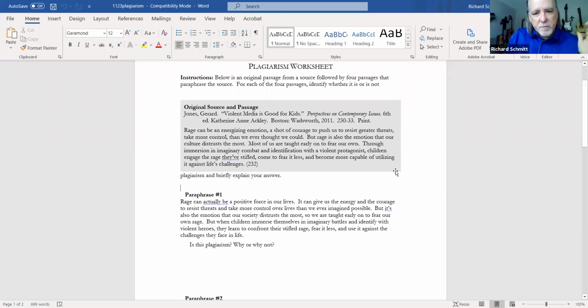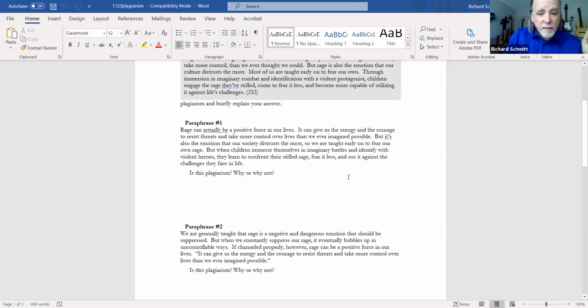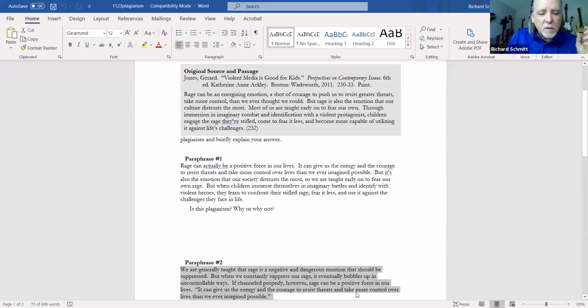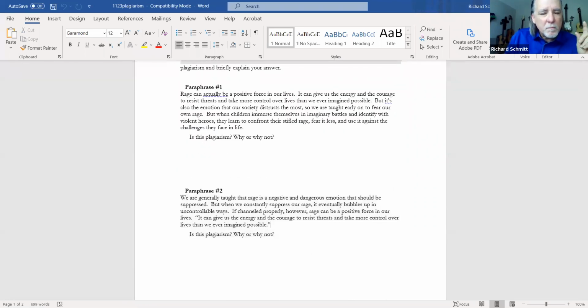The rules of plagiarism are basically, did they present either exact words or the sentiment that was Gerard Jones's, without citing it. So if you see citation, and I'll show you, I don't see any citation here. I already know that this writer is using Gerard Jones, but I'm not going to tell you the answer, but it should be plain as day for you there.